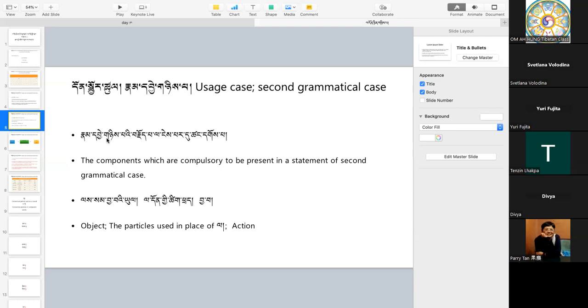But if we don't have any object at all, then it will never be considered as the second grammatical case or action on object sentence. So a sentence to be identified as an action on object sentence must have these 3 compulsory components: object, particle used in place of la, and action.